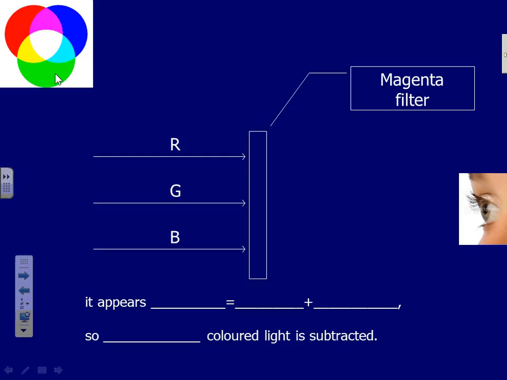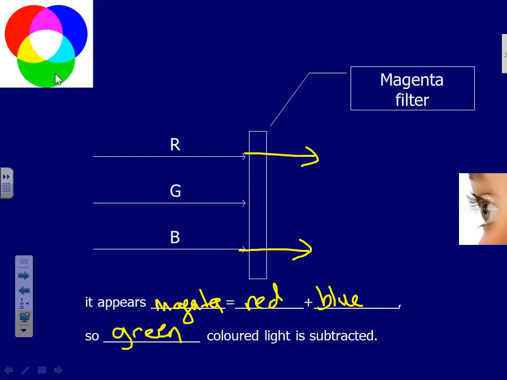So blue and red are getting through, and green is blocked. It seems almost counterintuitive, but the color that we don't see is what's being blocked. So it is appearing magenta because the red and the blue made it through, so the green light was subtracted.